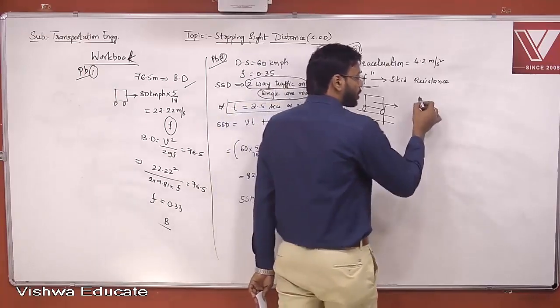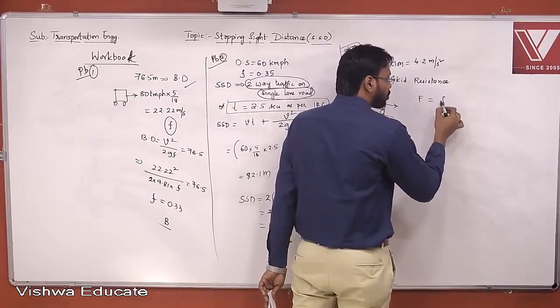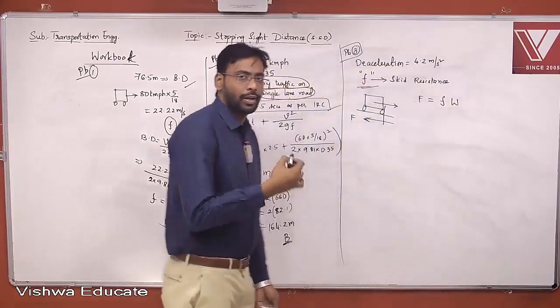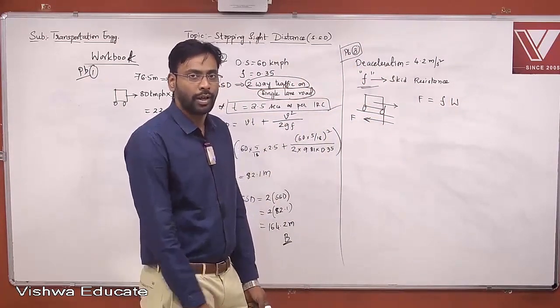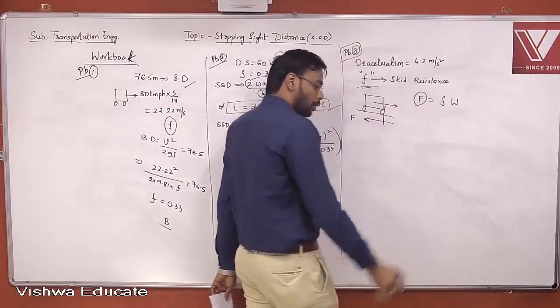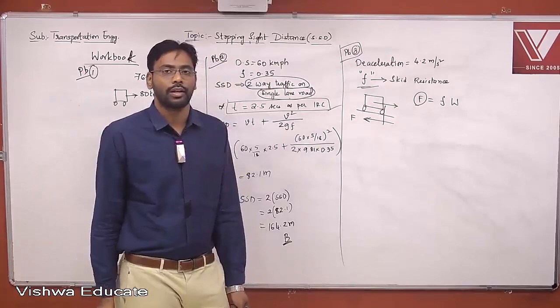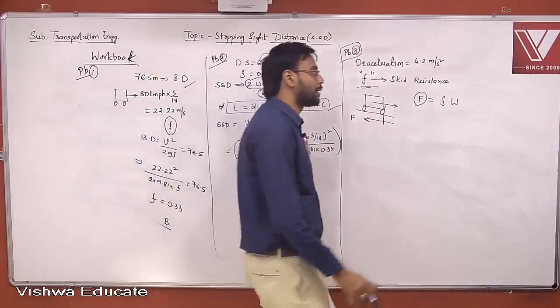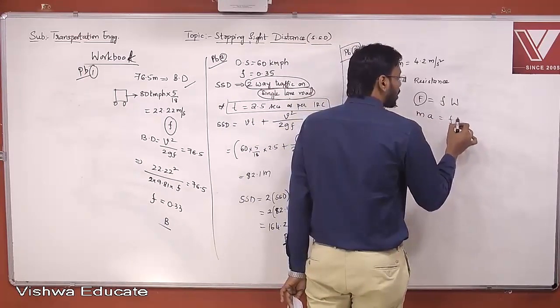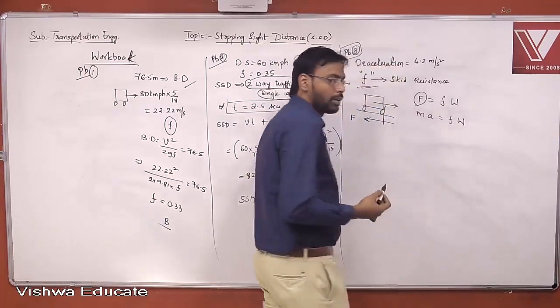So frictional force is equal to coefficient of friction into self-weight, because I've considered a plain road. Now what is force as per Newton's second law? Force is equal to ma. So m into a is equal to frictional force F into W.